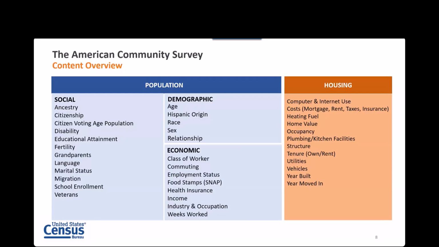Economic has commuting to work, employment status, income, and then housing has characteristics like computer and internet use, housing cost, and then vehicles available. That's another interesting topic. And so altogether, these topics are used to produce more than 1,000 tables for local communities each year.